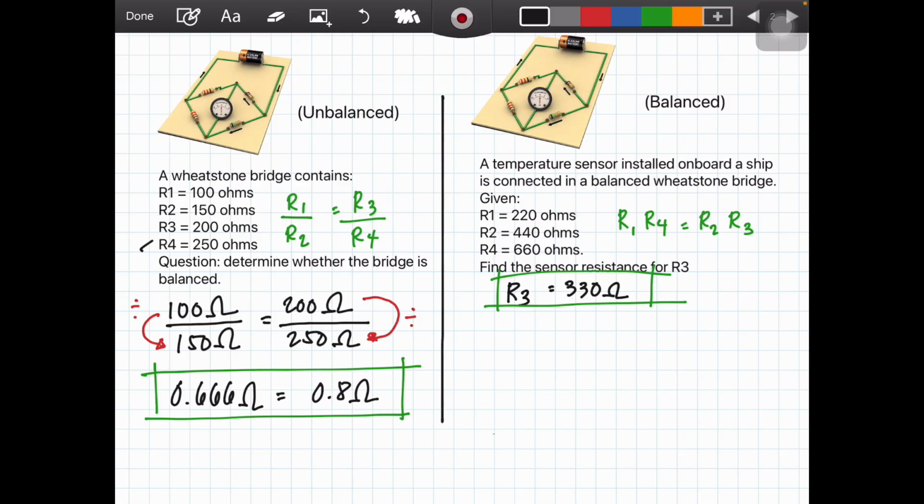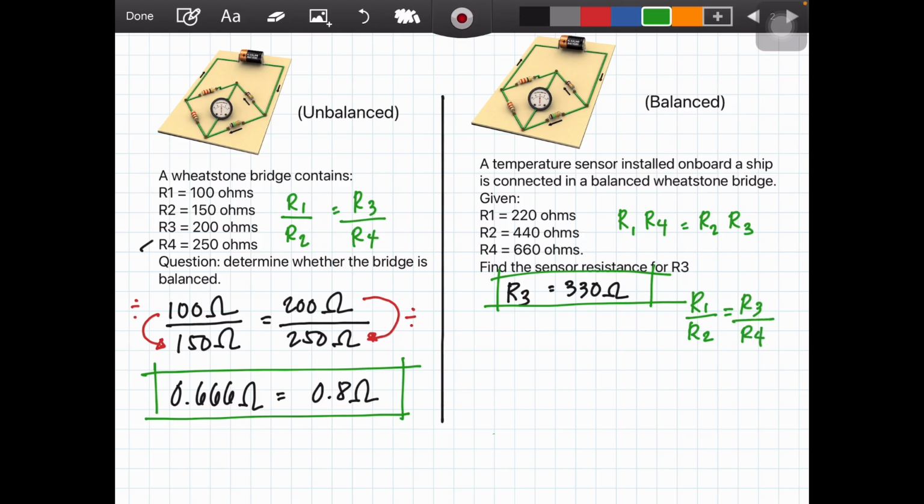Now we have R3. It's complete now. We have R1, R2, R3, R4. They're complete already, so we need to check if the Wheatstone Bridge circuit is balanced. What formula are we going to use again? R1 over R2 equals R3 over R4.